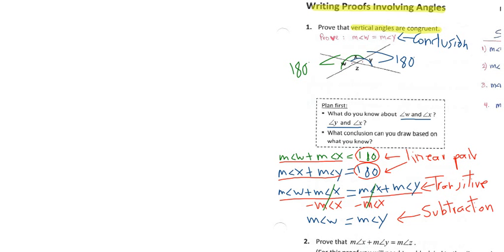So when you're doing the proofs, you don't actually need to show the step where you are subtracting. You can actually jump from this statement to the conclusion, which is the result of the subtraction. So you don't really need to show this.